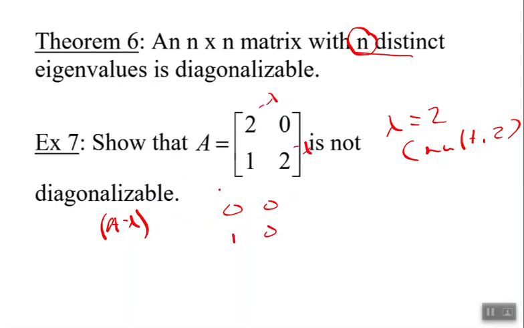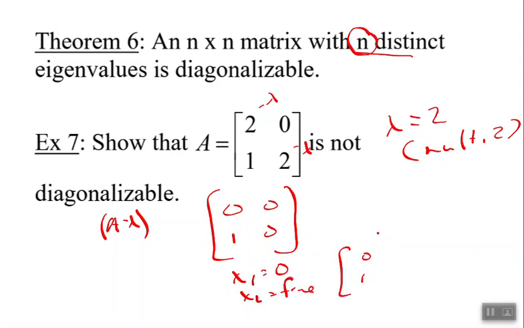And we have 1, 0. So what this says is that x1 is equal to 0 and x2 is free. So we only have one eigenvector, 0, 1. But we need to have 2 eigenvectors, and we don't. So this one is not diagonalizable.